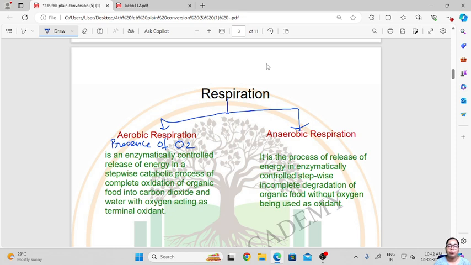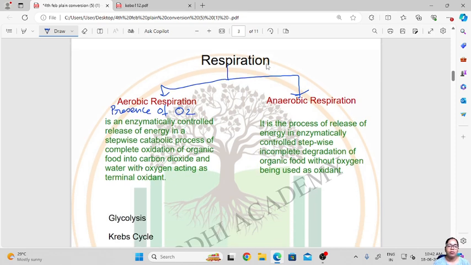Aerobic respiration is an enzymatically controlled release of energy in a stepwise catabolic process of complete oxidation of organic food into carbon dioxide and water, with oxygen acting as the terminal oxidant.